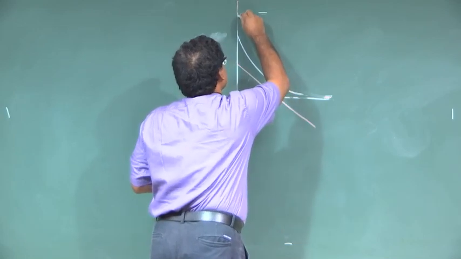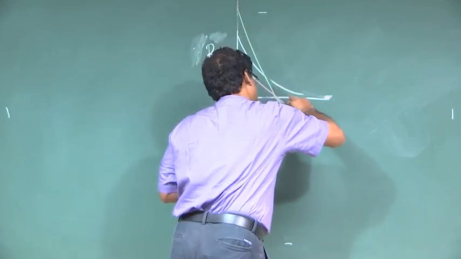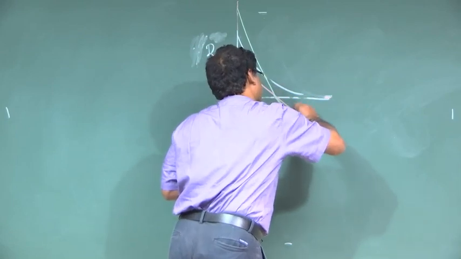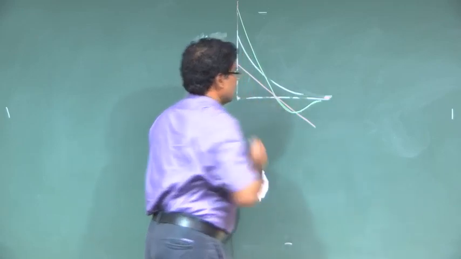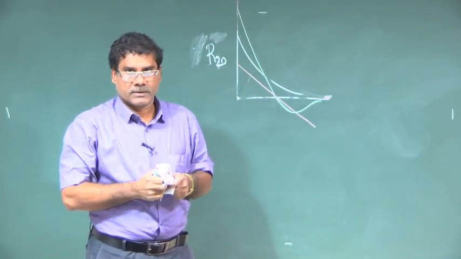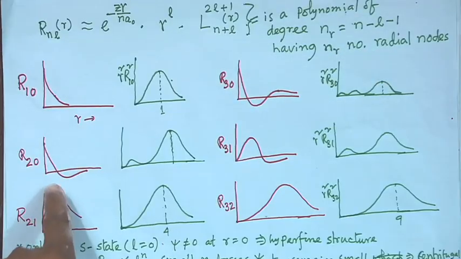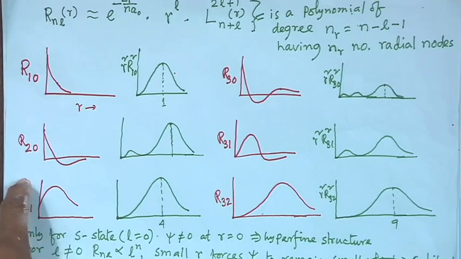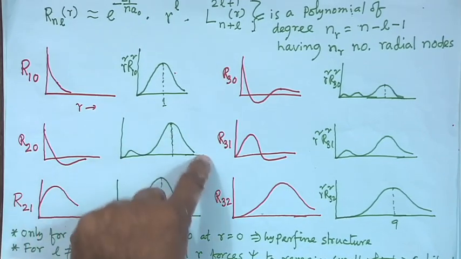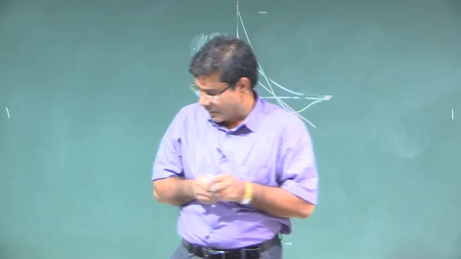So, it has to be like this. Okay, that's what I have drawn here. And correspondingly, if you make the square of it, you will get this type of curve.